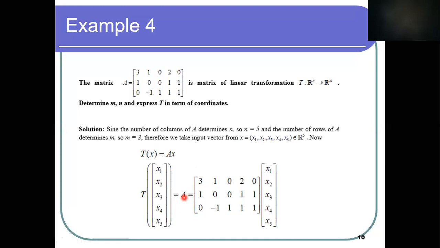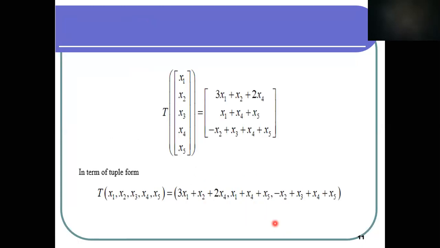So if you look over here, we multiply A with x, and x is the input. This matrix is of order three rows and five columns, and this is a five into one column vector. If you solve this, you will get three rows and one column.